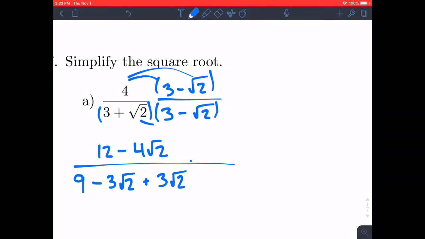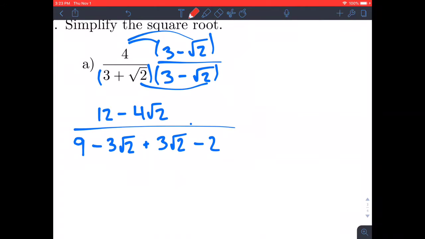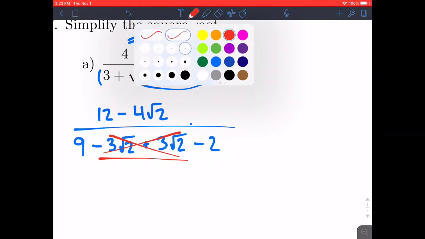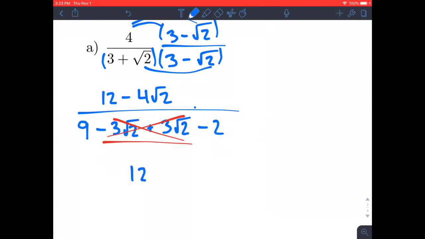And the last, positive square root 2 times negative square root 2 is going to be negative, and square root 2 times square root 2 is 2. And this works out nicely for us because then we have this -3 square root 2 plus 3 square root 2, which cancel each other out. And all we have left on the bottom is 9 minus 2, which is 7. So we have 12 minus 4 square root 2 over 7.